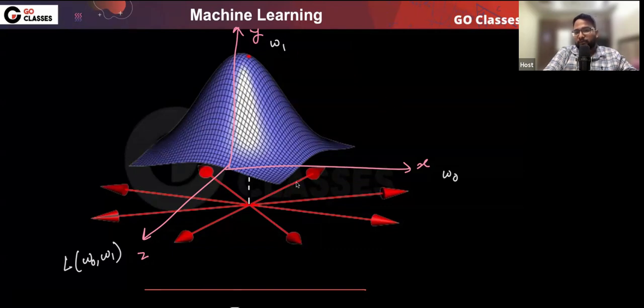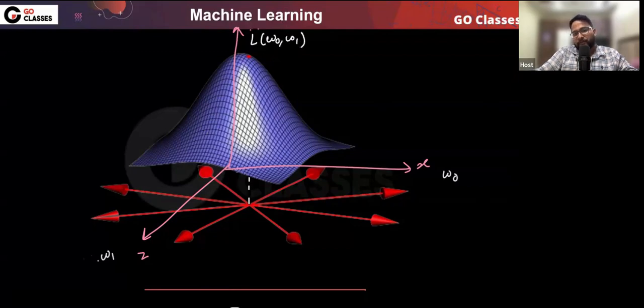Now let's suppose you have this function. Is this function okay to everyone? Just for visualization purposes, suppose on the z axis you have the loss, which is a function of w0 and w1.